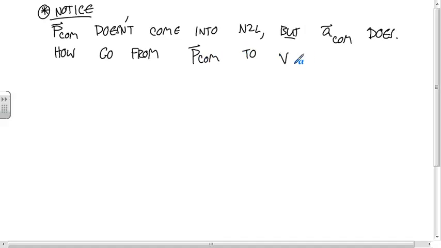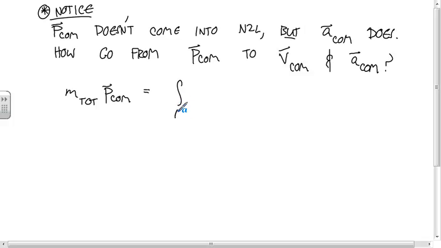And I'll show it for velocity too. Well, if you think of taking that center of mass equation, so the total mass times the center of mass location is equal to the integral over the mass of r dm.